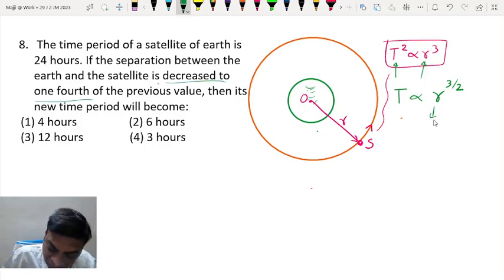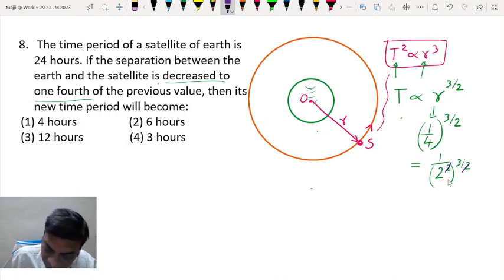So the factor of change for r is 1/4. So this 4 can be written as 2 square, therefore 2 gets cancelled here. We are left with 1 by 2 cube, and 2 cube is 8. So the factor of change for t is 1 by 8.